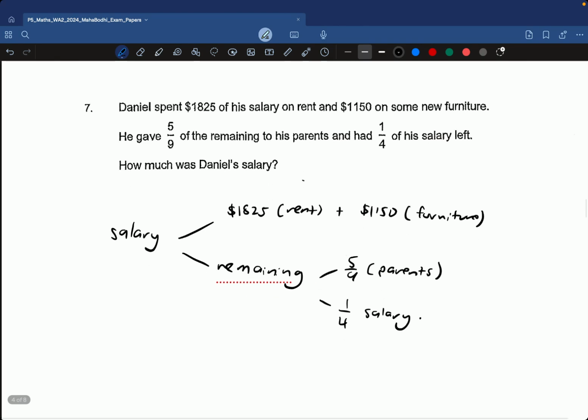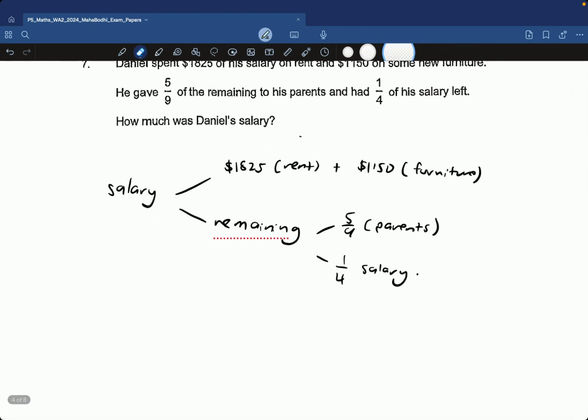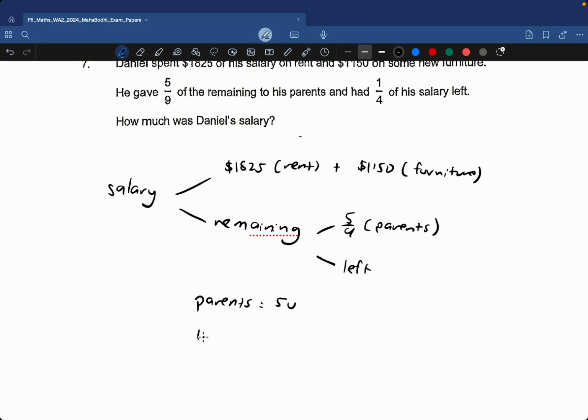So what does this mean? If we ignore the 1/4 salary part, 5/9 goes to parents, so parents get 5 units.